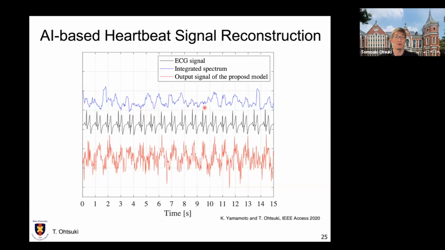However, if we apply our technique and reconstruct the signal, we can see this kind of signal. Maybe a bit hard to see, but you can see these large peaks corresponding more accurately to the ground truth one.